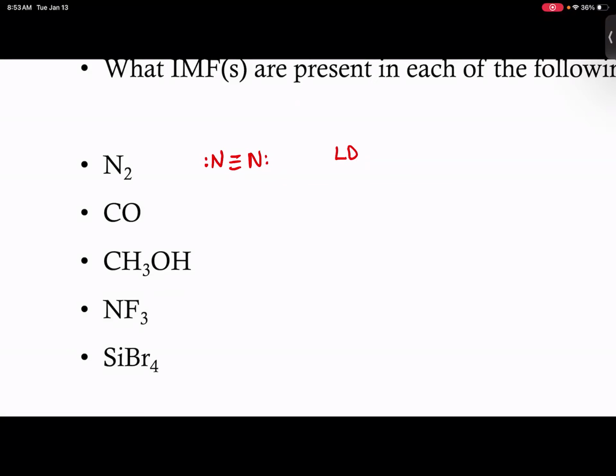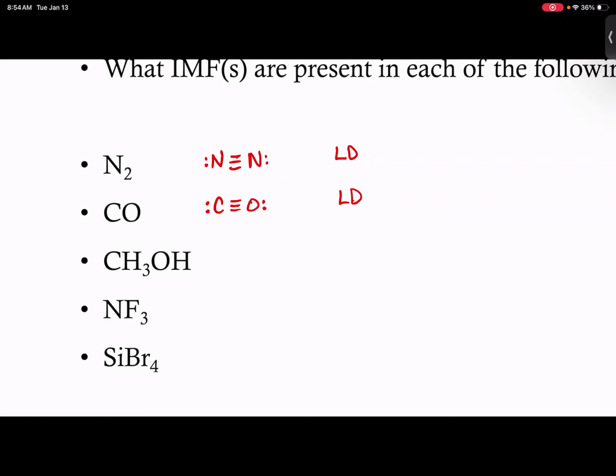The next one, we have carbon triple bond oxygen. Again, it's going to have London dispersion forces because everything has London dispersion forces. But is this molecule polar or is it nonpolar?